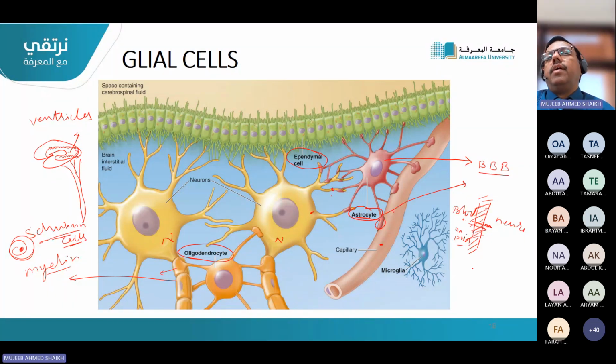Okay. So it is like a wall which does not allow anything to go from one room to another room. This barrier is created by astrocytes, which we call the blood-brain barrier, BBB. So neurons are not affected by the content of the blood, because of a guard called the astrocyte. So astrocytes are creating the blood-brain barrier.